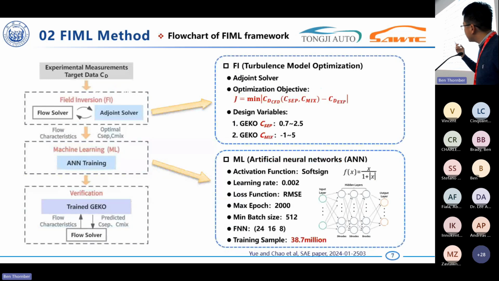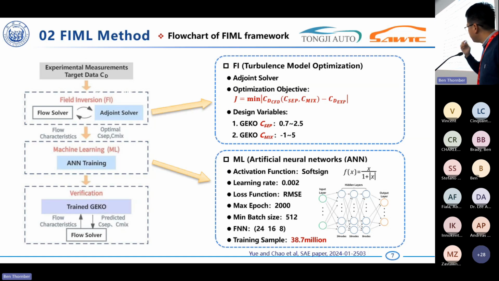This slide shows the flow chart of the FIML method we use. We use the experimental data as the target. For the field inversion part, we use a joint method to tune the GEKO CSEP and CMIX, aiming to minimize the difference between the RANS simulation and the experimental data for CD, base pressure, or the velocity in the wake.